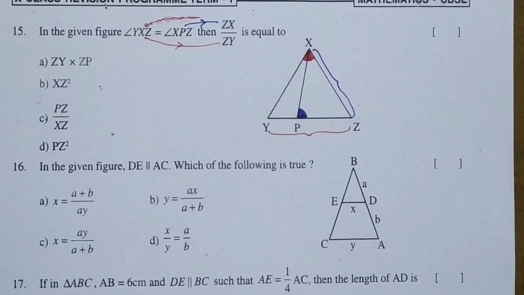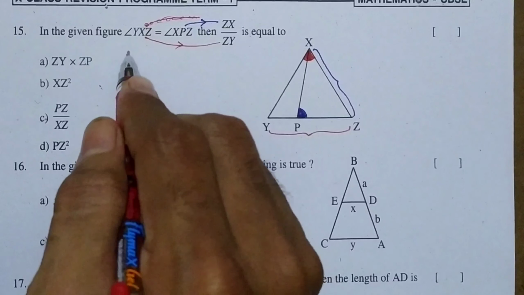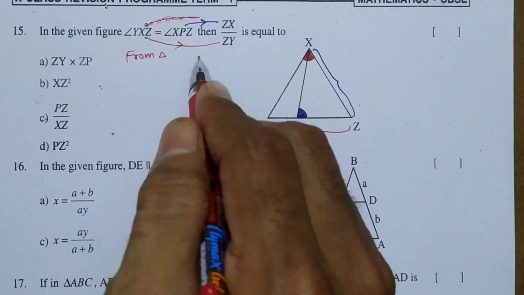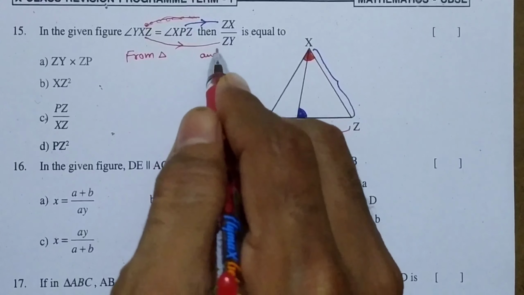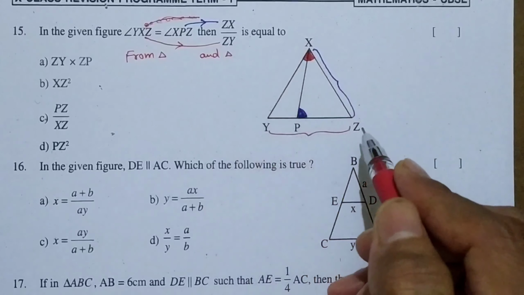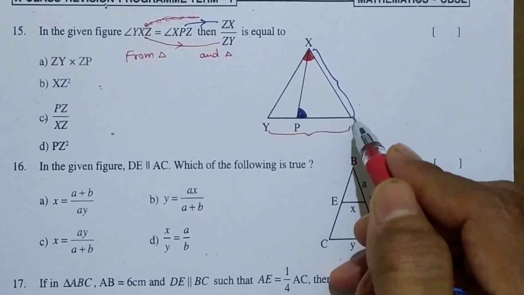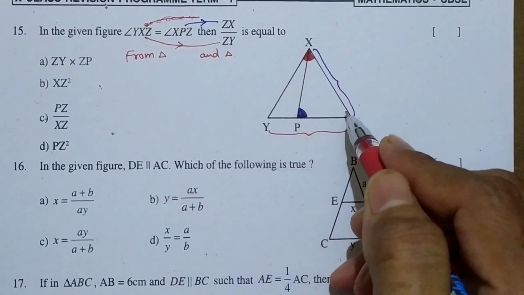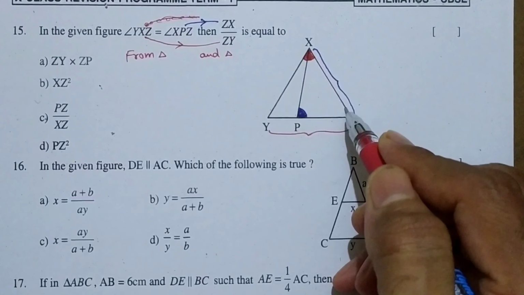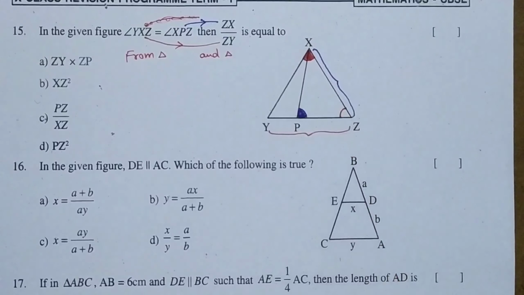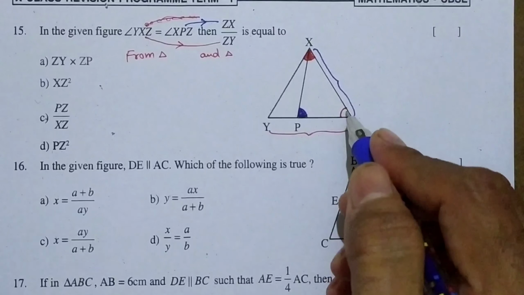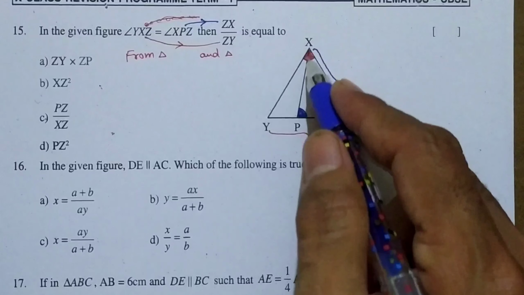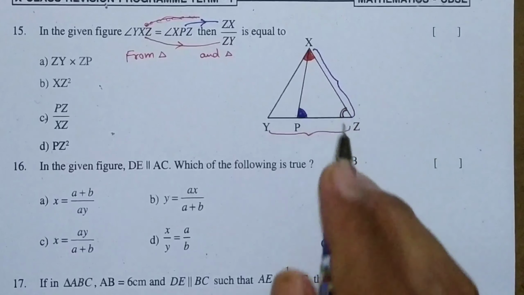Here we can write from triangle ZPX, in which angle Z is common in both the bigger triangle and the smaller triangle. That means I am going to compare the big triangle XYZ with the small triangle XPZ.